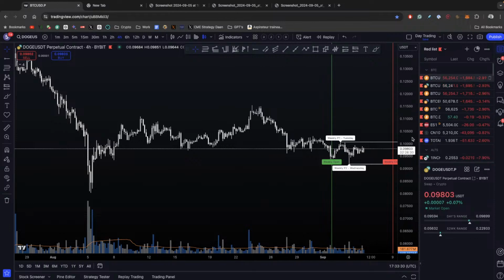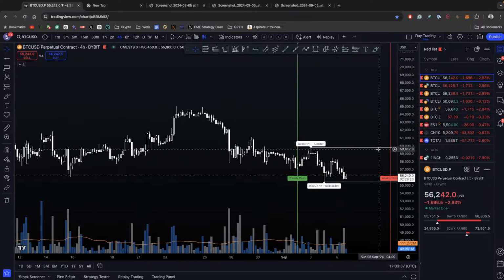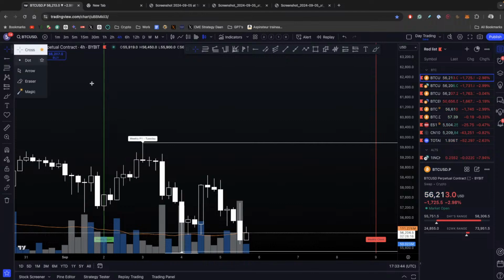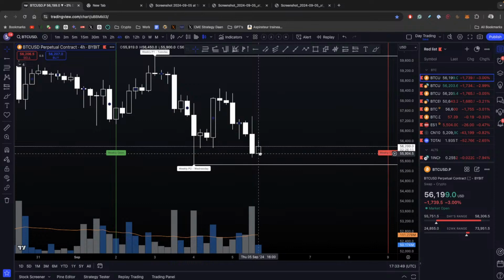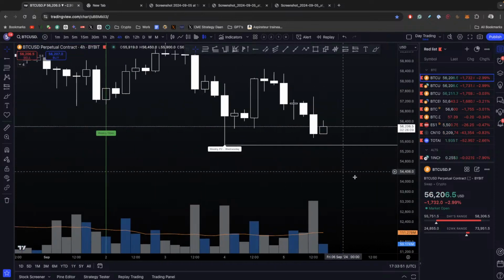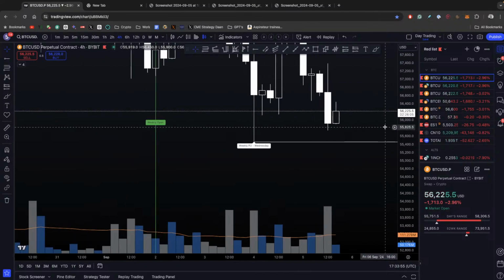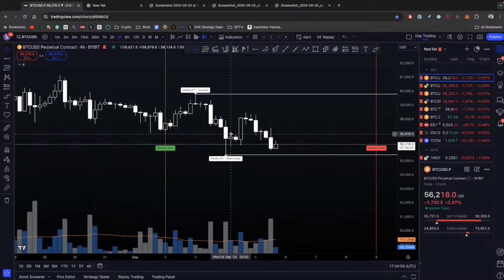I would say that Doge is now less volatile than Bitcoin. But we don't have the wick at the bottom, so this is not something you want to see. Oh well, we have a very, very tiny wick, but generally not something I prefer to see.